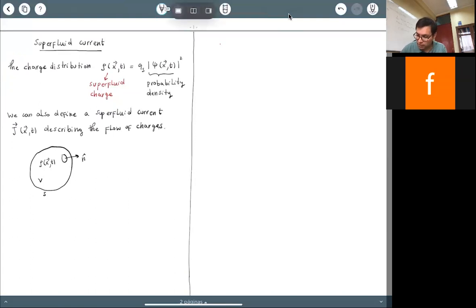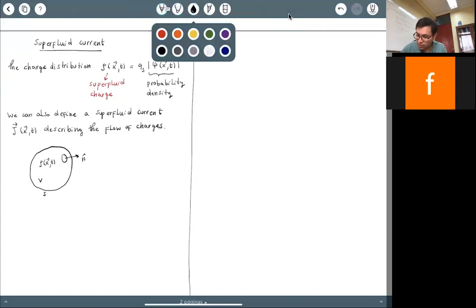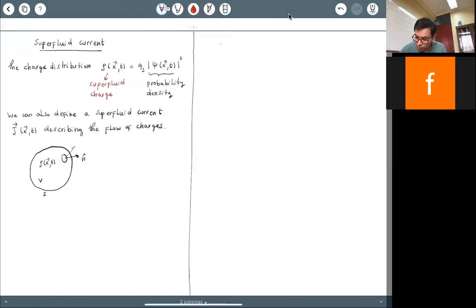Then you may define the superfluid current flowing through the surface of this volume. So essentially, as in a continuity equation, if you have any change of the charge distribution in a volume, it means that something has to flow outside the surface. And this is the superfluid current that we have here.